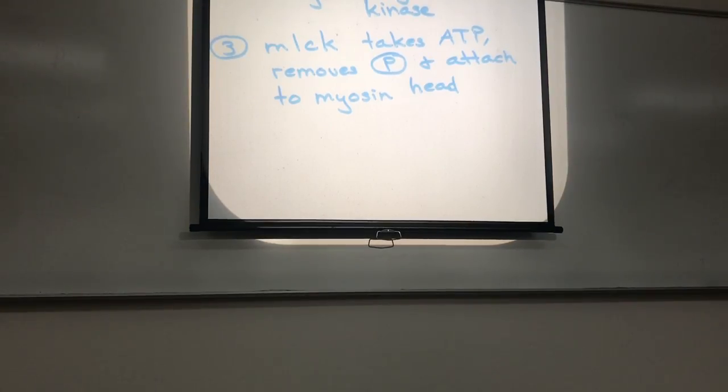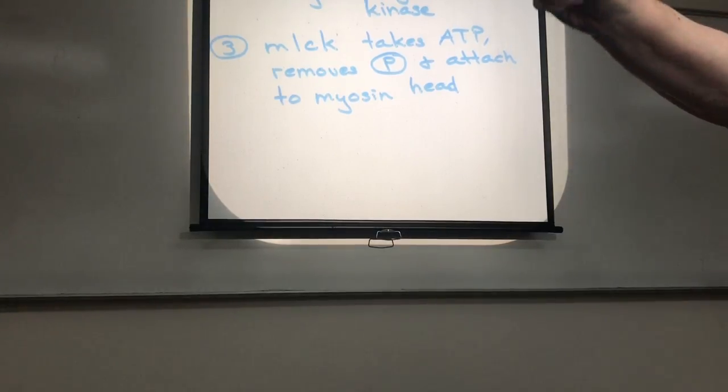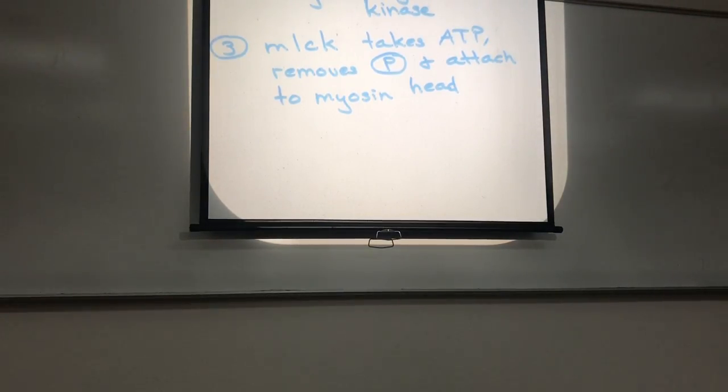So the myosin light chain kinase is going to take a molecule of ATP, snap off one of the phosphates, and stick that phosphate onto the myosin head.